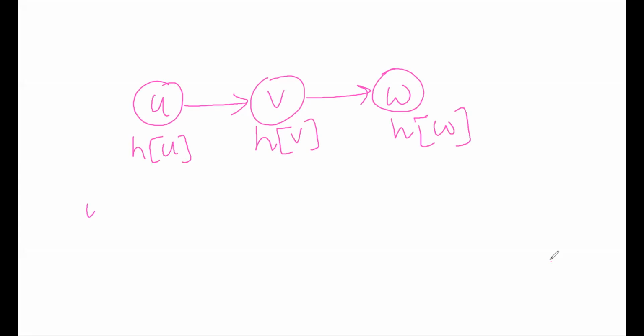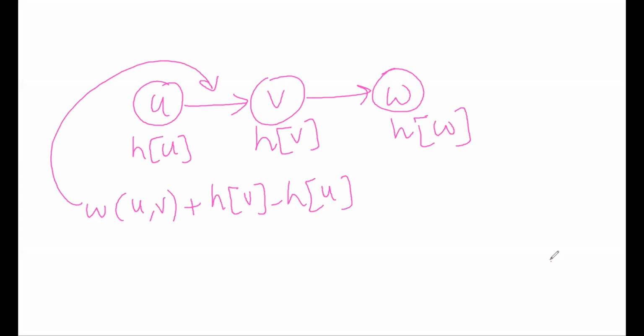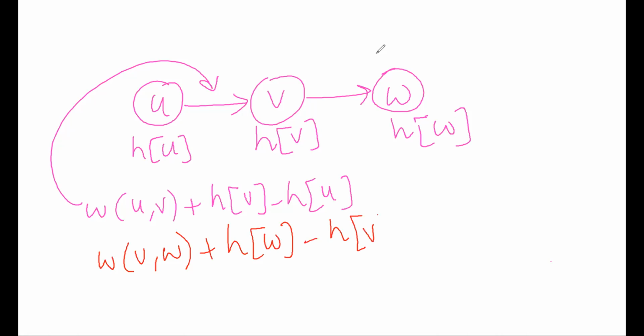New weight here is weight of uv plus hv minus hu. So this is for this edge, and for this edge it is weight of vw plus hw minus hv. So this is for the path between u to v, and this is for the path between v to w.